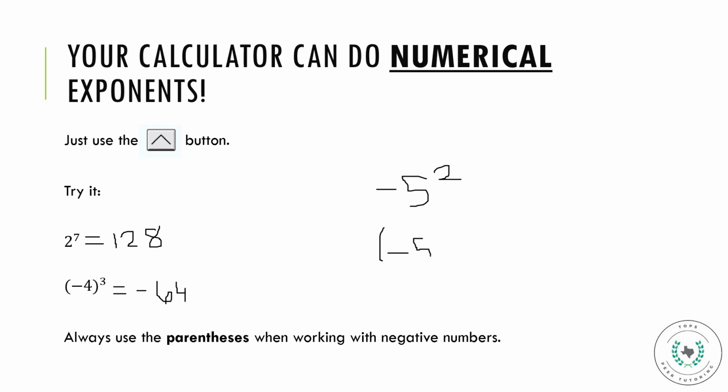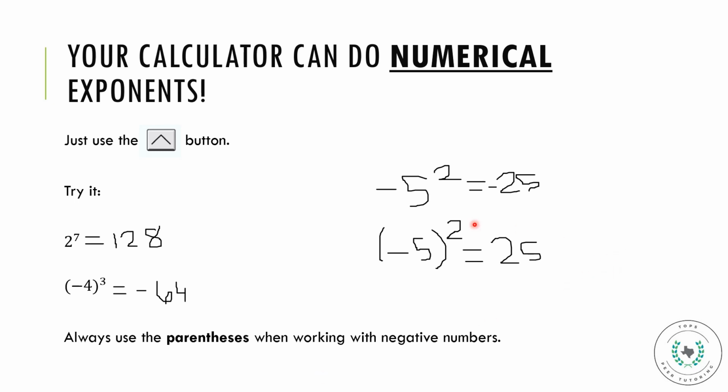So one of these has parentheses, and one of them doesn't. Now if you go into your actual calculator and you do -5 to the power of 2 without parentheses, you would actually get -25. But if you do -5 to the power of 2 with the -5 in parentheses, you would get +25.